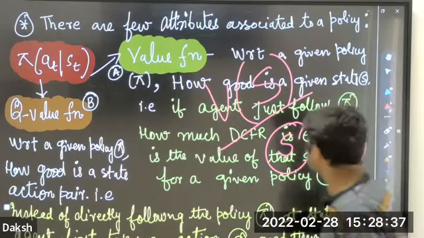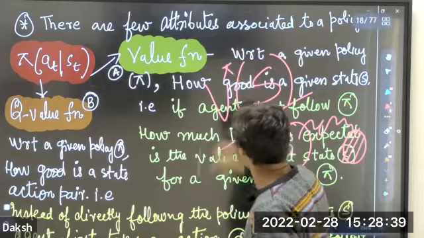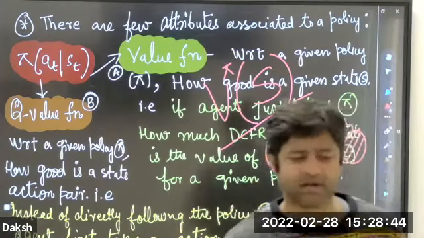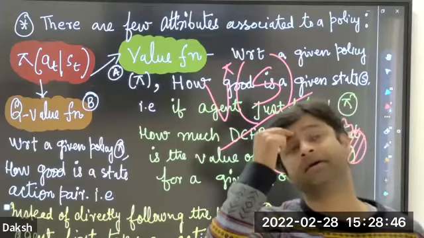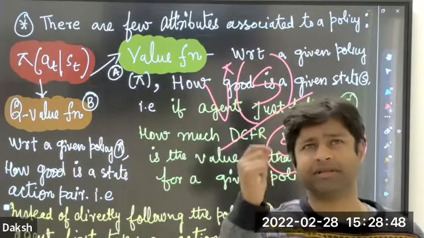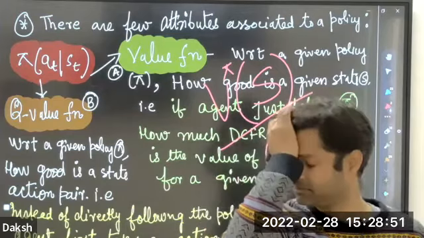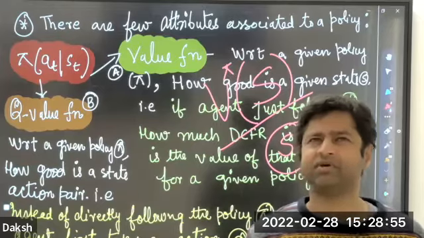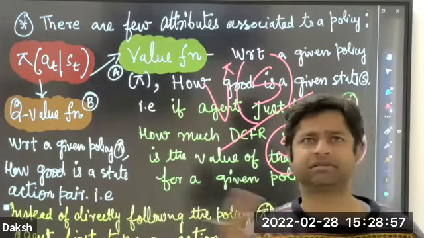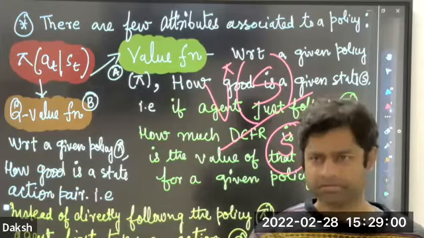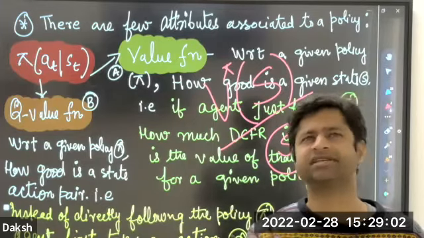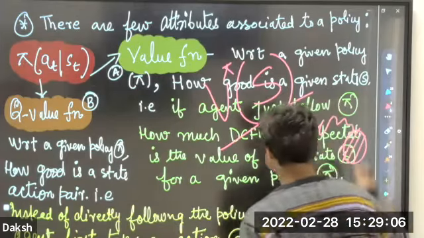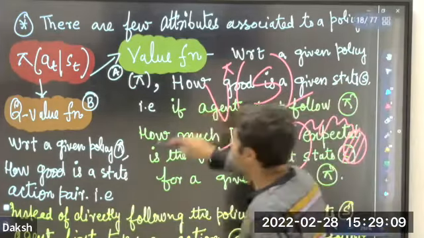So this is for a pi: if I give you a state and a pi, what is the maximum that you can achieve? From that state, you apply pi multiple times, play a huge number of episodes, and then see how much return you can get. That is the value of any state.